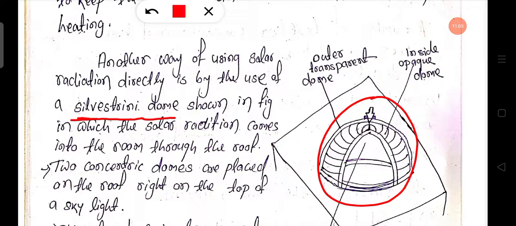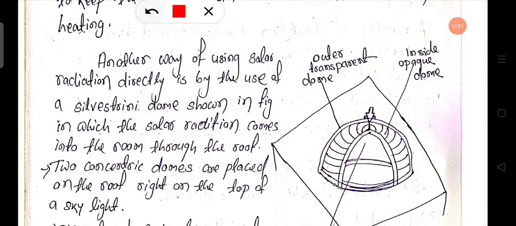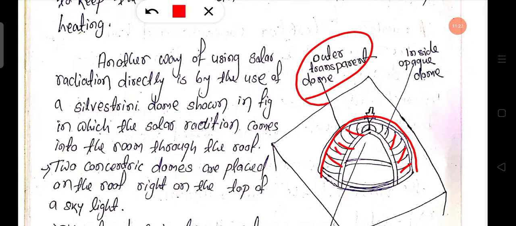Okay, this dome consists of what? This dome consists of two layers. The outer layer, which is transparent, and an inner layer which is opaque. Opaque means not transparent.